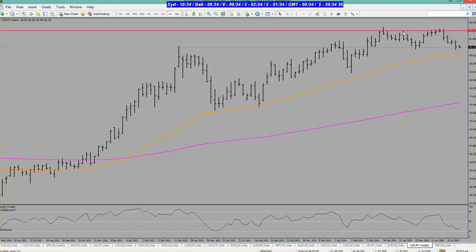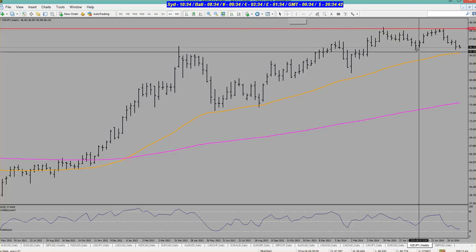Yeah, there's your double top, and what you're suggesting is that if it breaks this, then this is obviously on the weekly.